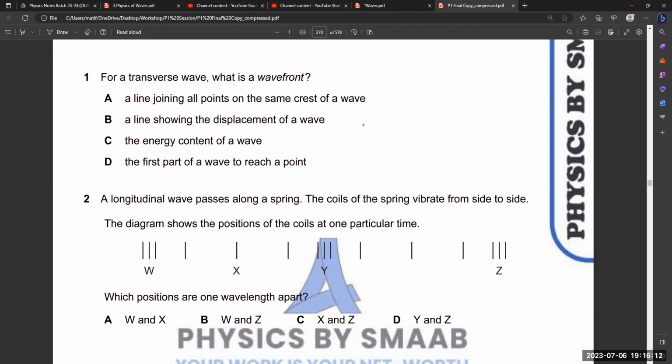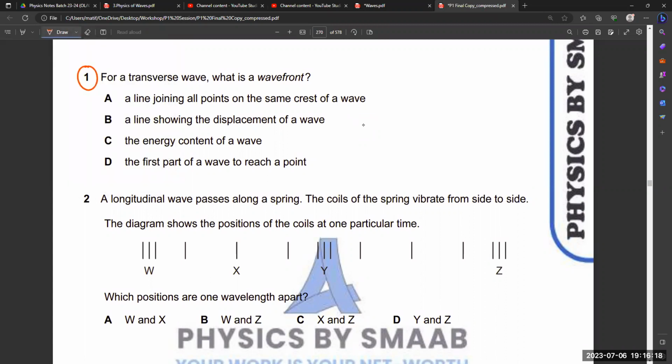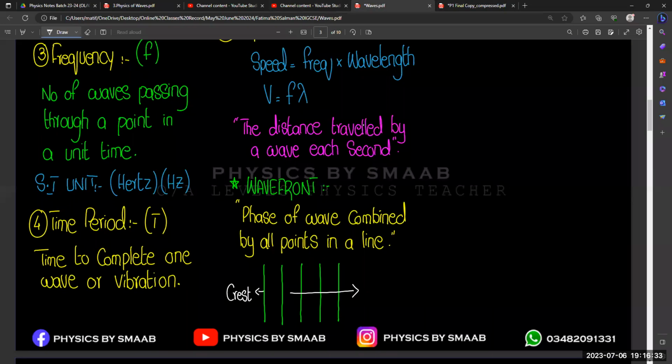Now let's try to solve some questions. Let's consider the very first question, which is related to a wavefront. They are asking, for a transverse wave, what is a wavefront? Because in a transverse wave, we would need to draw a 3D diagram, which is very difficult to draw on paper every time. That's why we consider a straight line, and that's why we discuss the concept of the wavefront.